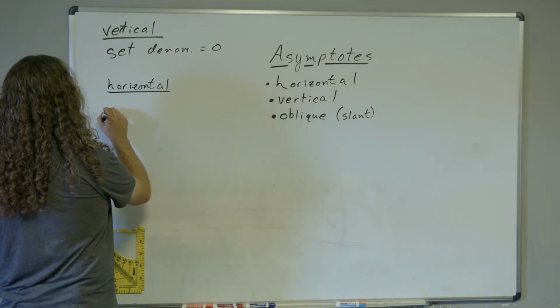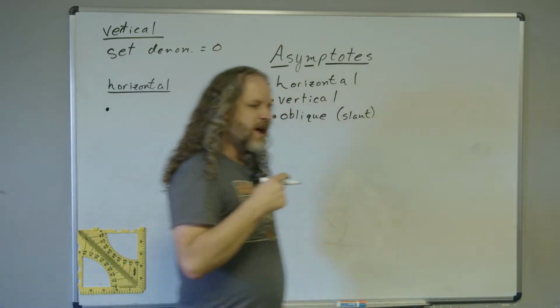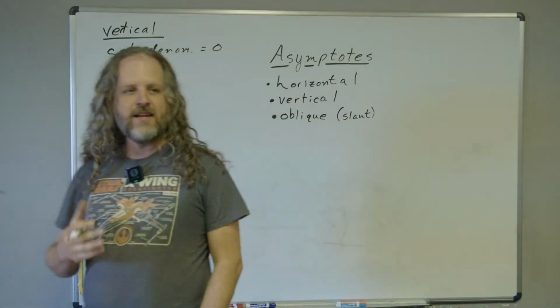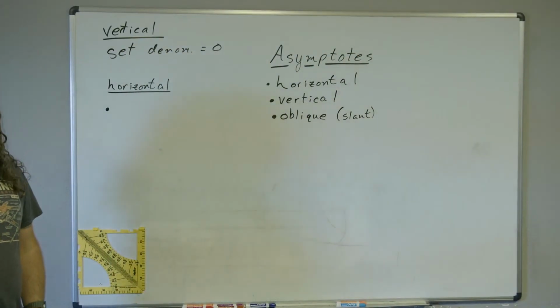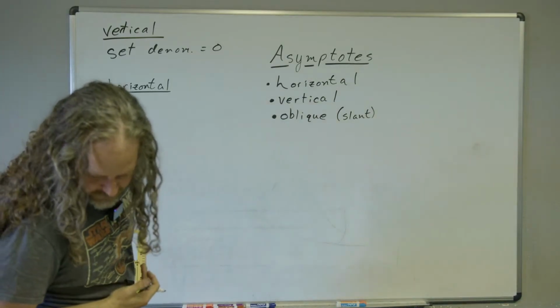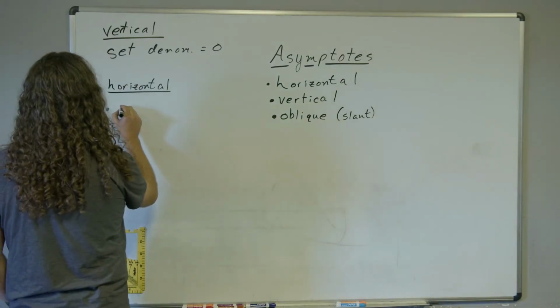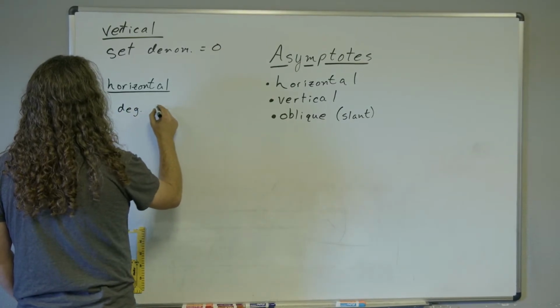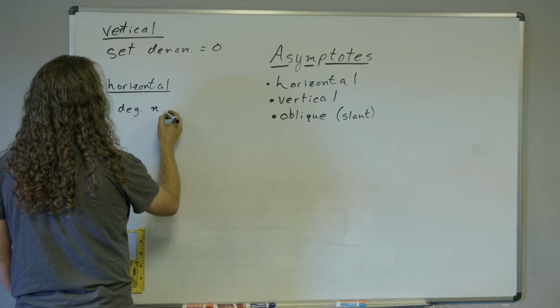To see which route we're going down, we look at the degree of the numerator and the degree of the denominator. The degree of the numerator is the one on top.